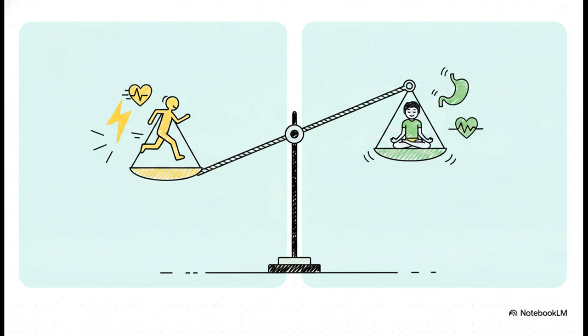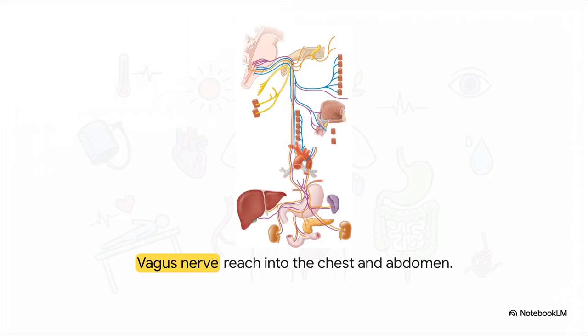Then, pulling on the other side, is the parasympathetic system, the calm, restorative, rest and digest response. This is a craniosacral system that heavily relies on acetylcholine and muscarinic receptors to slow your heart down and kickstart digestion. And the absolute heavyweight champion of that rest and digest team, the vagus nerve, or cranial nerve 10.